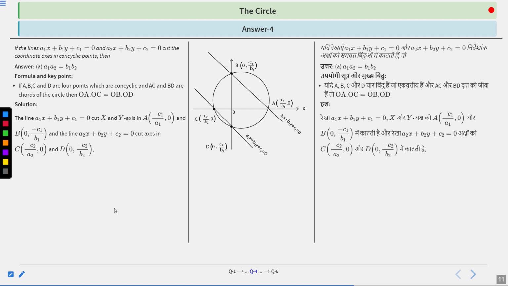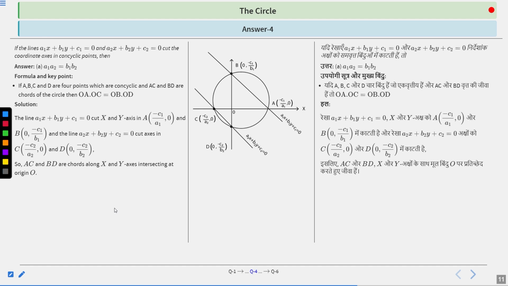The line a1x plus b1y plus c1 equal to 0 cuts the x and y axis at A(negative c1 by a1, 0) and B(0, negative c1 by b1), and the line a2x plus b2y plus c2 equal to 0 cuts the axis at C(negative c2 upon a2, 0) and D(0, negative c2 upon b2). Clear?